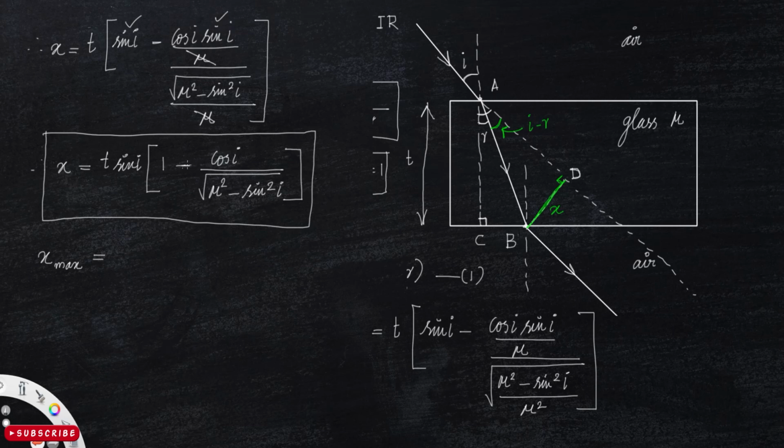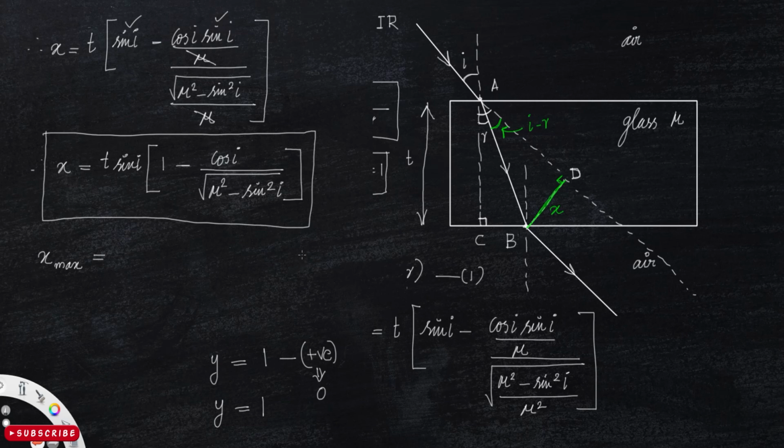Okay, see, y equal to 1 minus some positive term. The maximum value of y is always 1. Okay, that happens when this term becomes 0. So this term must be 0 for x to be maximum.